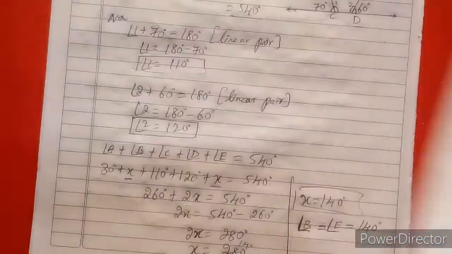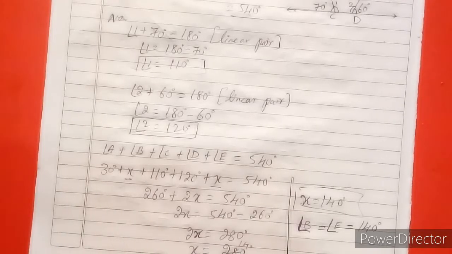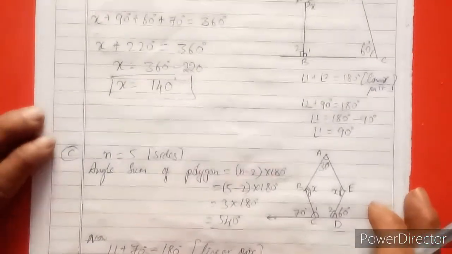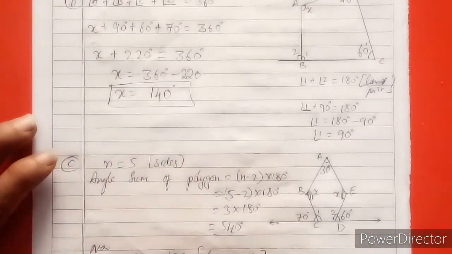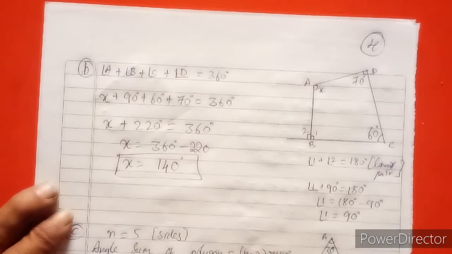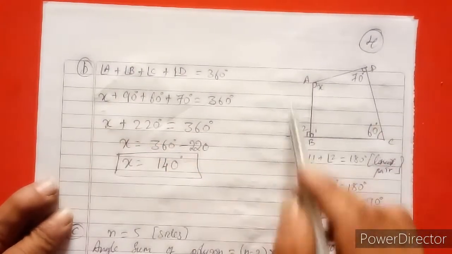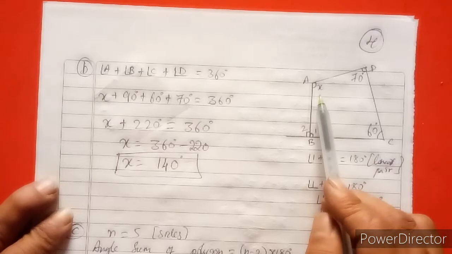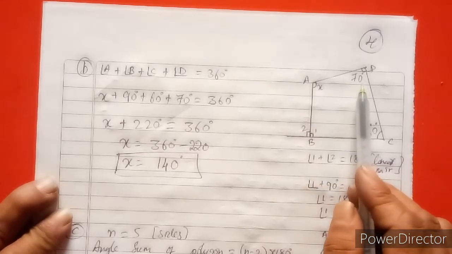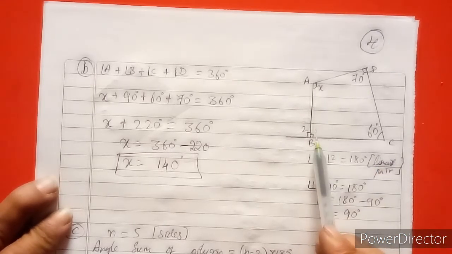Similarly, I am going to explain the second question. So listen here. In the second figure, the first angle A is X and D is 70 degrees. B we don't know, so we have to put angle 1 and angle 2.